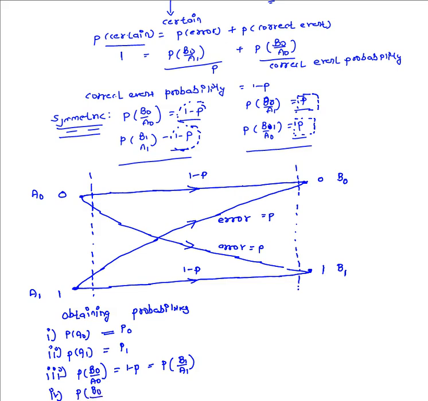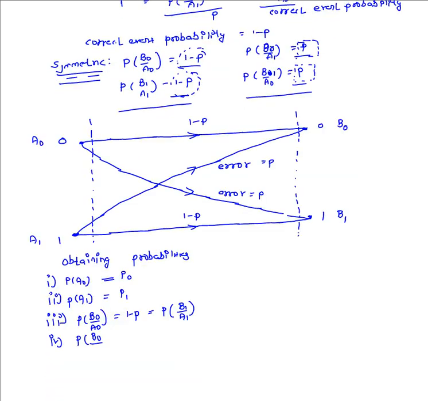On the other hand, the error probability is given by reception of 0 when 1 is transmitted, that is P of b0 given a1. It is p, as earlier discussed, and that is the same as the probability of reception of 1 when 0 is transmitted.